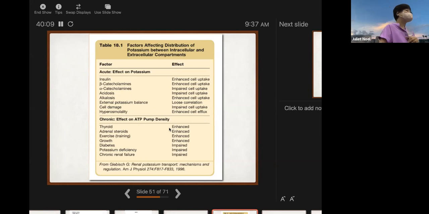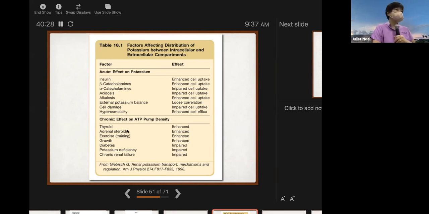That's why if you have hyperthyroidism, when patients present with hypokalemia, one of the things we have to rule out is hyperthyroidism. Okay, the adrenal steroids will also enhance uptake.